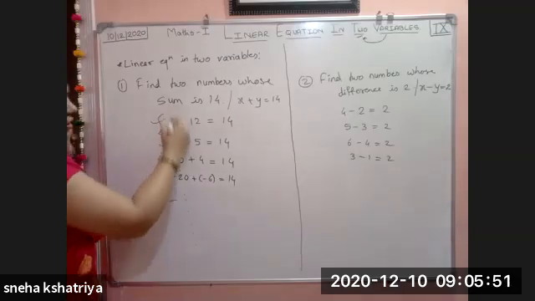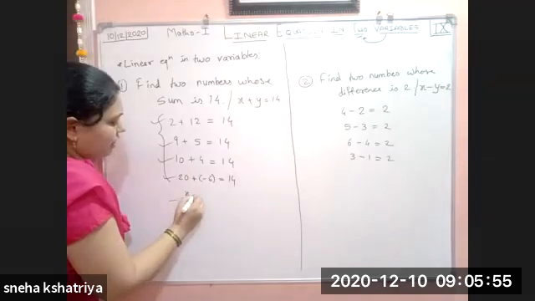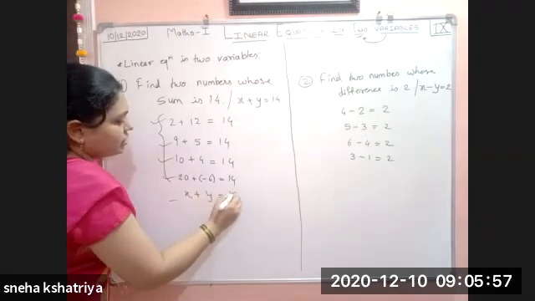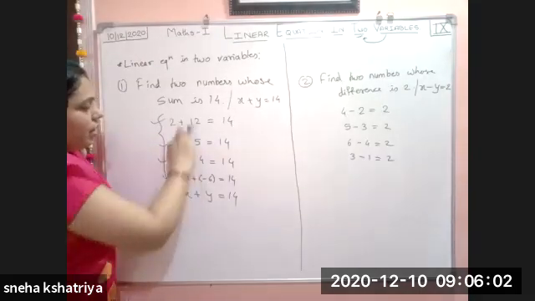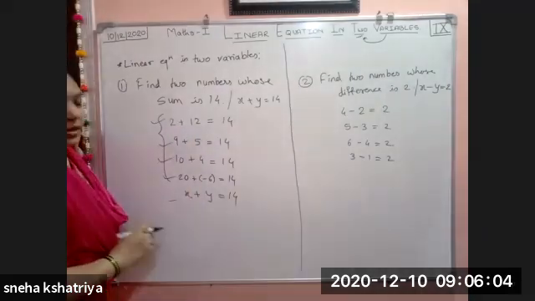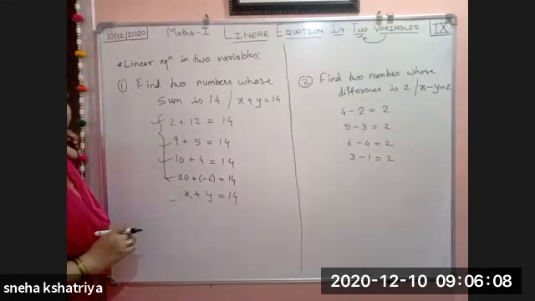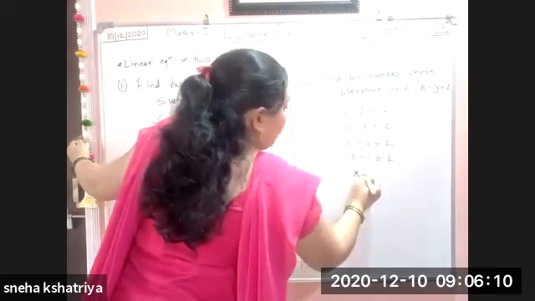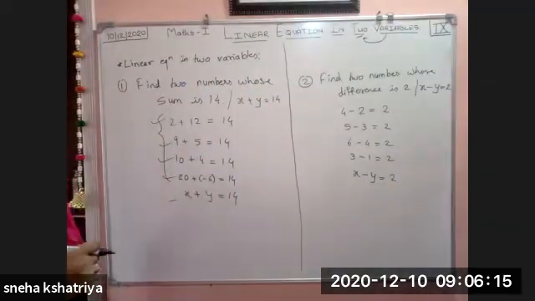So these are multiple questions with multiple solutions. In general, we say x plus y is equal to 14, and whatever x value we want we can put here, and whatever y value we can put here. This is one linear equation we get. Another is x minus y is equal to 2. This is the second linear equation we get.